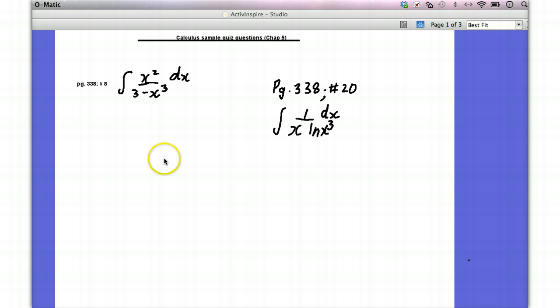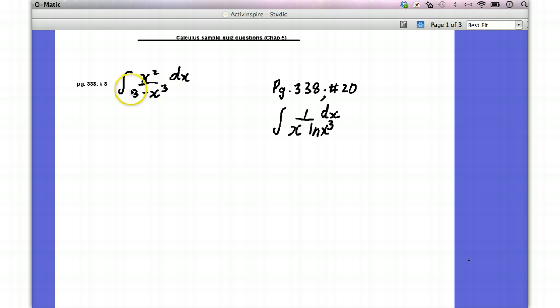In terms of the problems, here's one from page 338, number 8. I didn't give you this one, but I'd like you to look at it with me. Number 8, if you want to find an integral, as it says here, of x squared all over 3 minus x cubed, I'd like you to note very quickly that the degree of the denominator is 1 higher than the degree of the numerator.